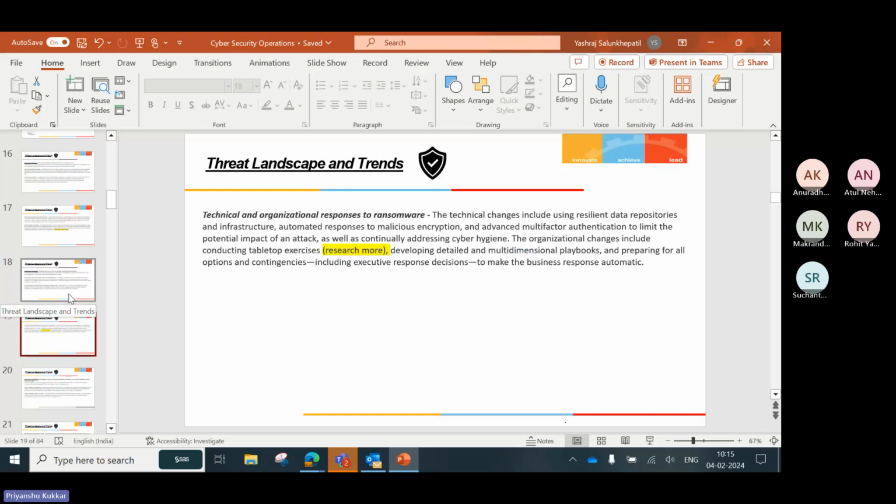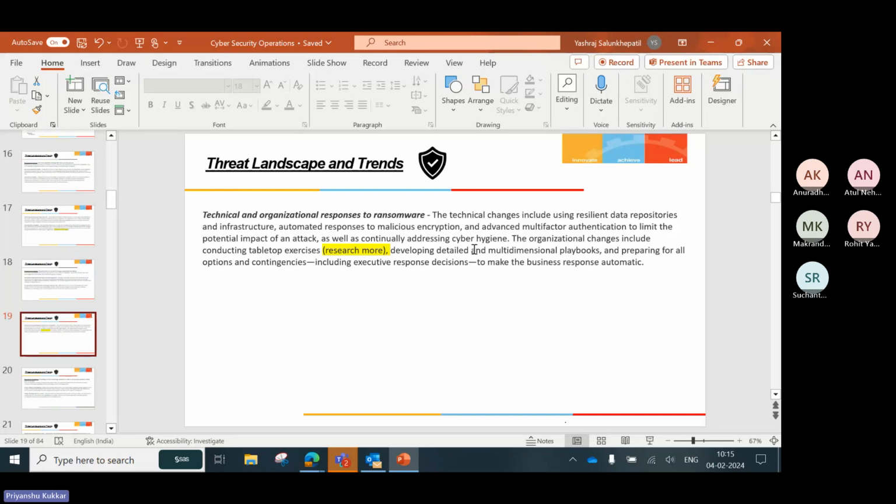Technical and organizational responses to ransomware. ठीक है. The technical changes include using resilient data repositories and infrastructures, automated response to malicious encryption, and advanced multi-factor authentication to limit potential impact of an attack, as well as continually addressing cyber hygiene.